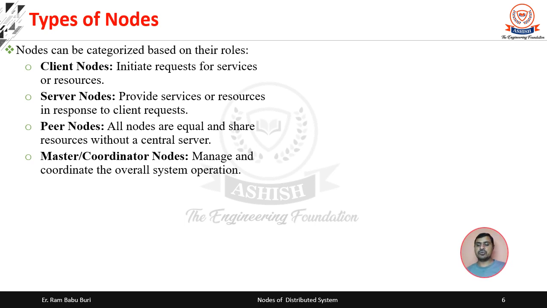Master or coordinator nodes act as a central point of control in a distributed system. They are responsible for managing resources, assigning tasks, and ensuring the smooth operation of the entire system.